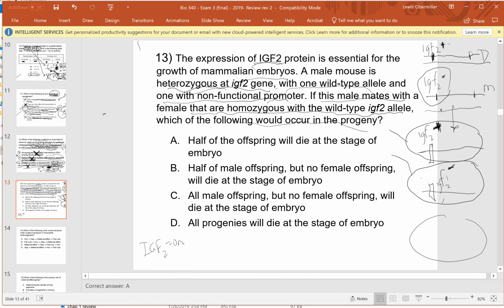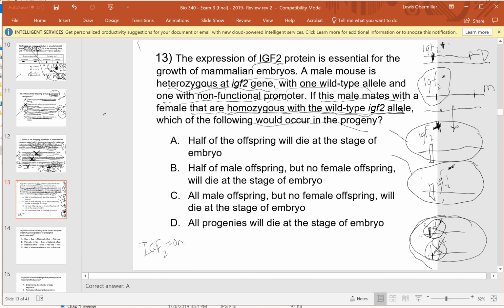And then it says that he mates with a homozygous wild type IGF female. So her IGFs will be, even though they are both wild type, IGF plus and IGF plus, because they're coming from mom, the IGFs get imprinted to be turned off, right?